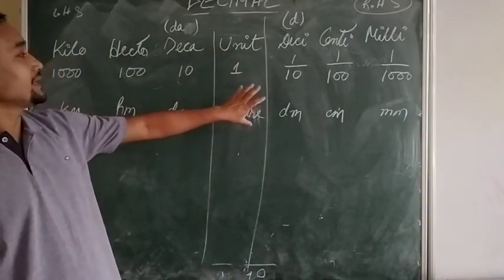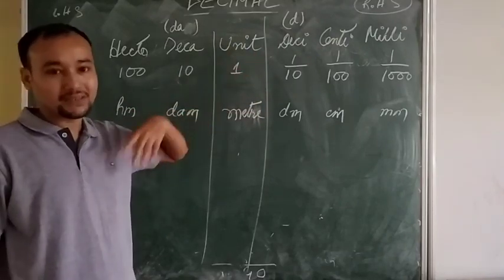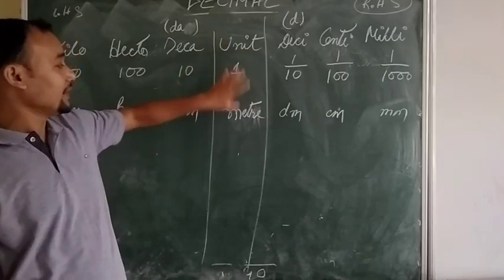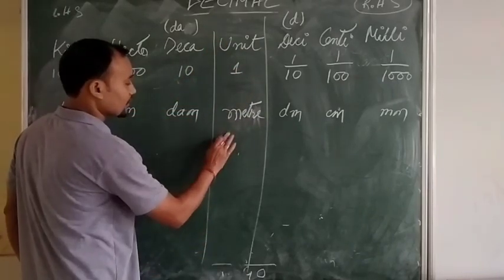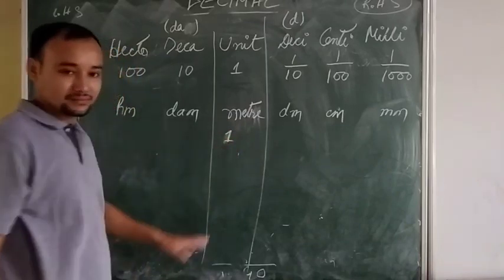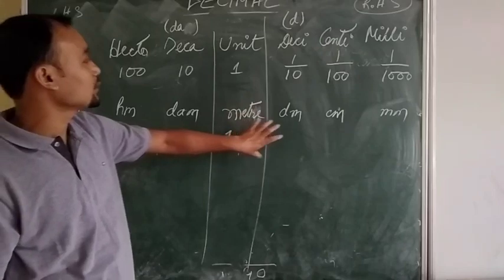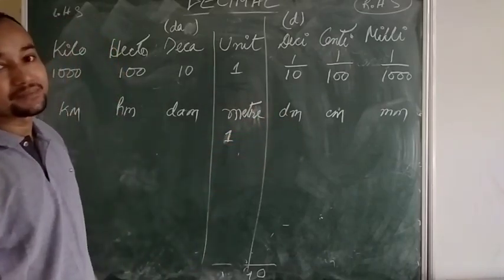If a particular quantity is 1 by 10 times of meter, what will it be termed? It will be termed as decimeter. And what will be its value? If it is 1 meter, then we are asked to convert 1 meter into decimeter.